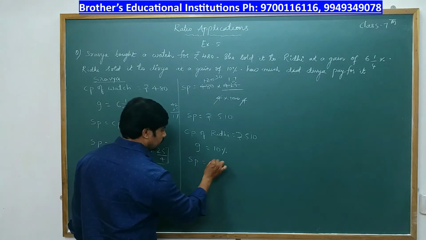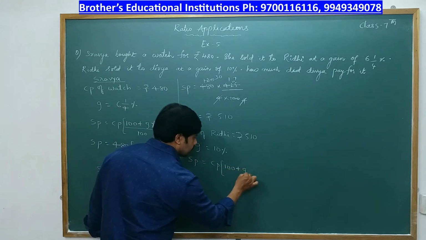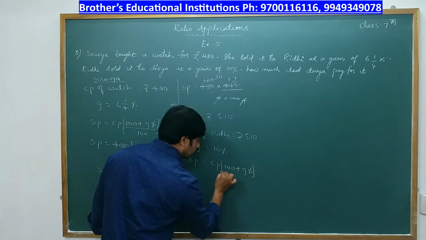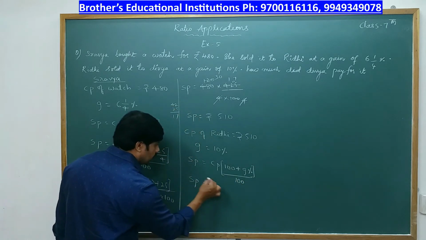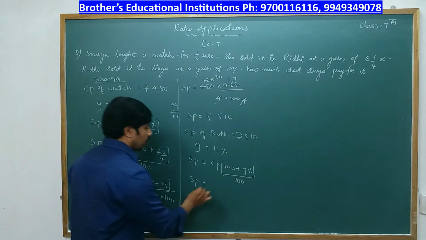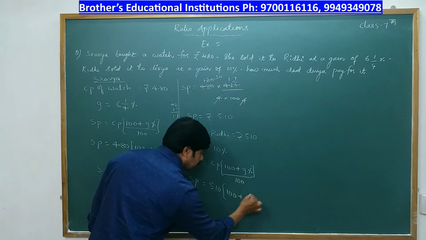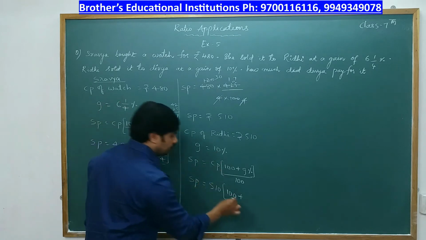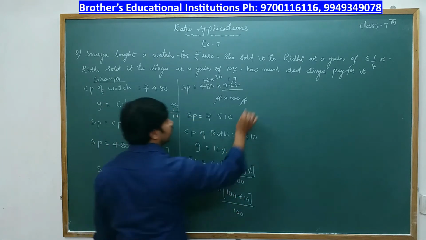Selling price is cost price into (100 plus gain percent) by 100, so it is 510 into (100 plus 10) divided by 100.